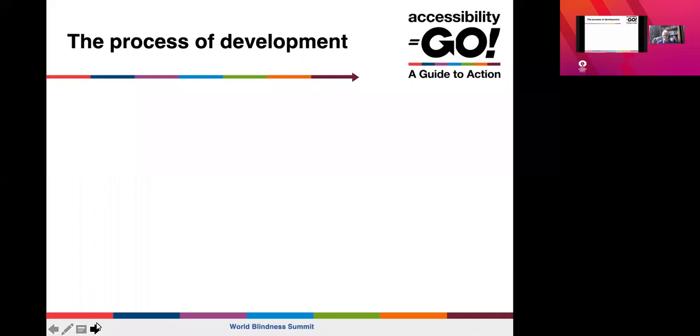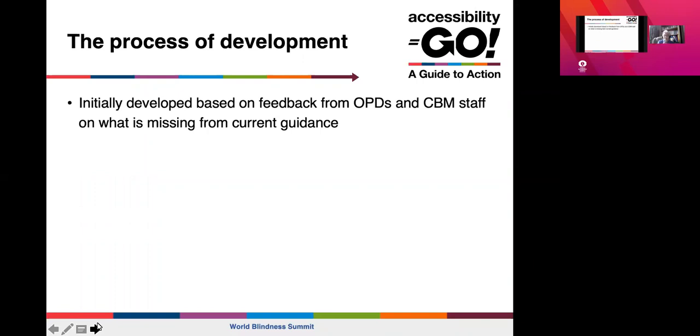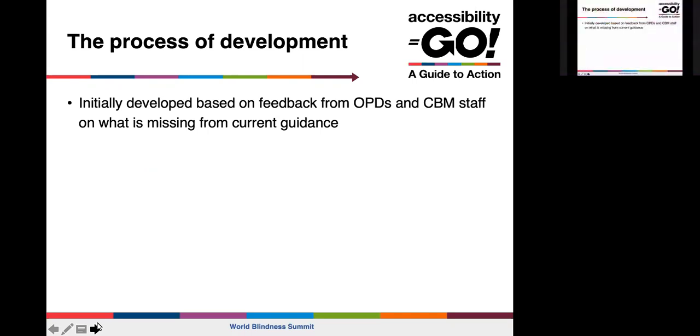Thanks, Ben. So I just want to tell a little bit of the story of our journey of how this guide came about. It came about because initially we got a lot of feedback from our own staff and from organizations of persons with disabilities on the fact that we didn't have anything that looked holistically at accessibility.